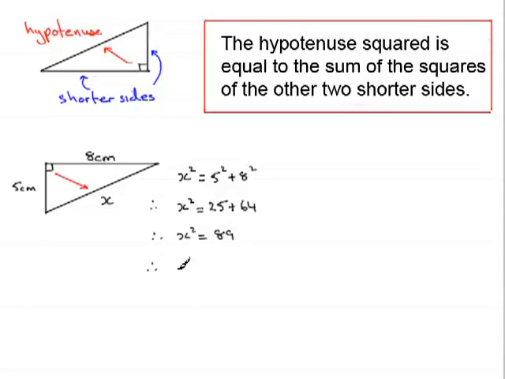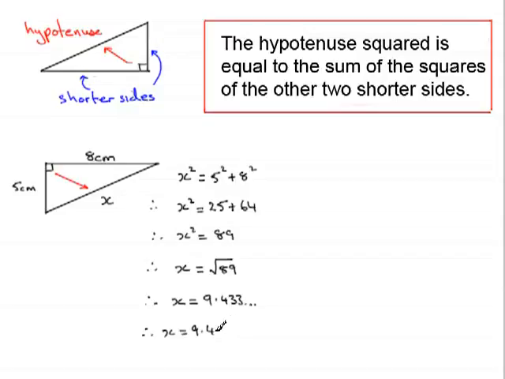The square root of x squared is x, and I'll just write in the symbol square root of 89 here. I'll need a calculator to work out the square root of 89, so if you work that out on a calculator, you should find that you get 9.433 and so on. So rounding this up to one decimal place gives x equals 9.4.